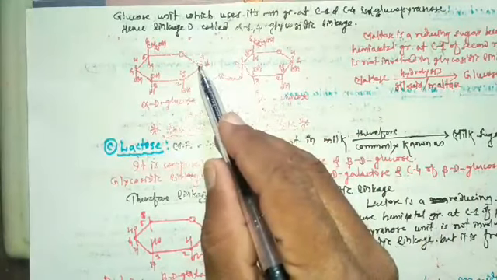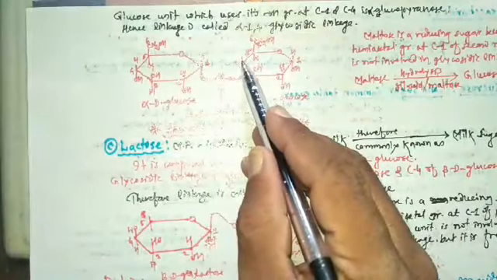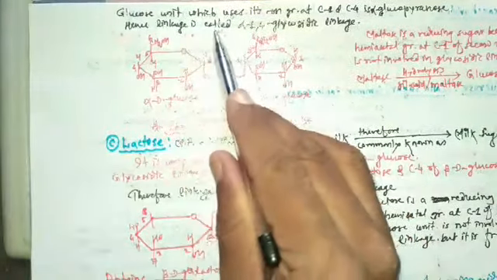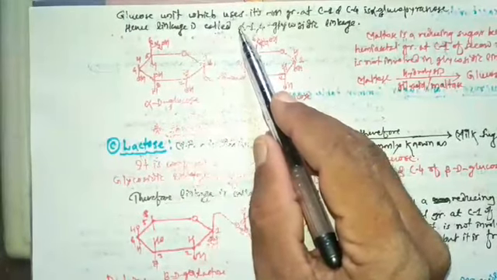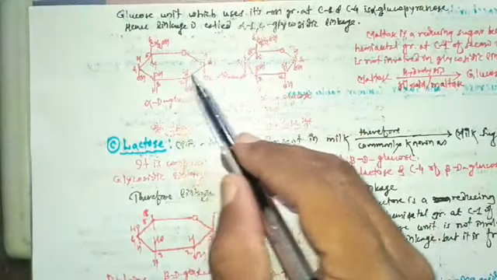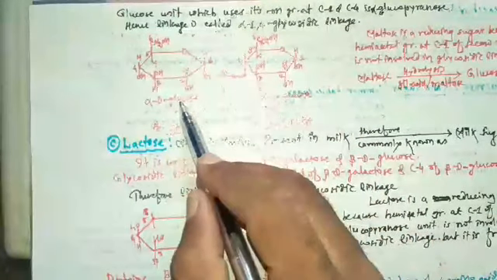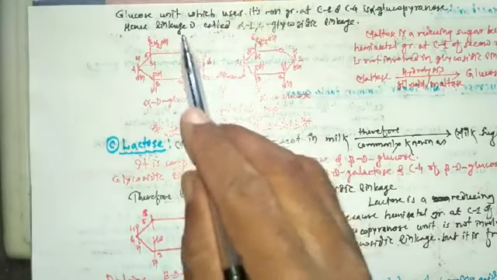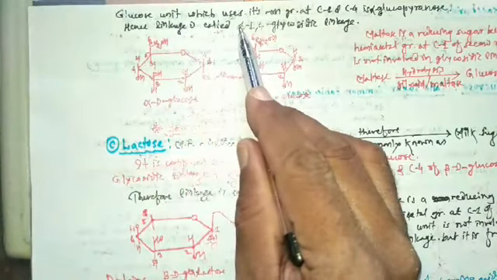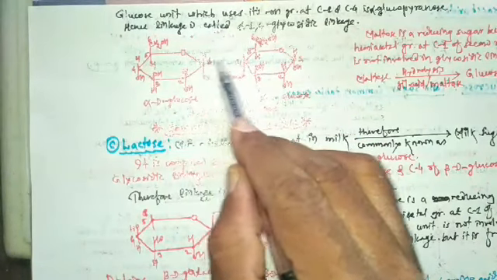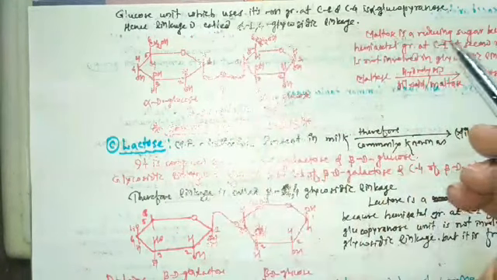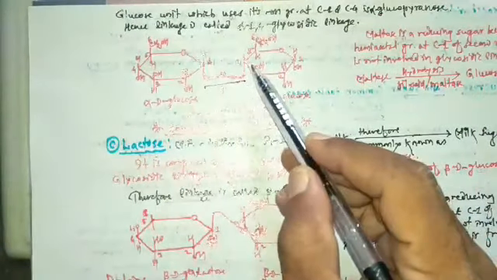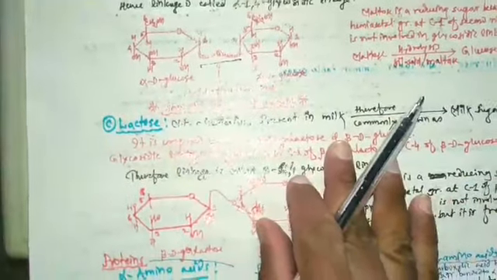Here C1 and C4 are involved in the formation of the linkage, and the linkage is therefore called alpha, because this is alpha D glucose, or its correct name is alpha glucopyranose. Then the linkage is between 1 and 4. Therefore alpha 1,4, and this linkage is the glycosidic linkage.